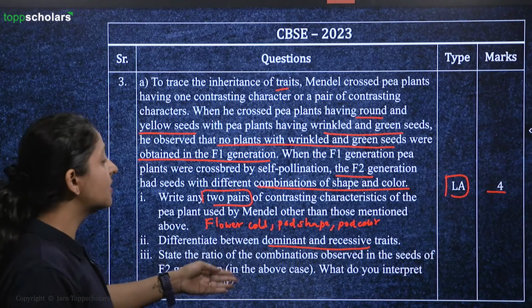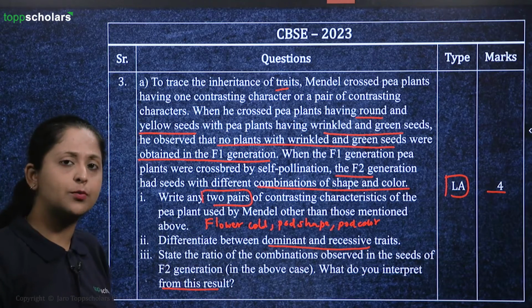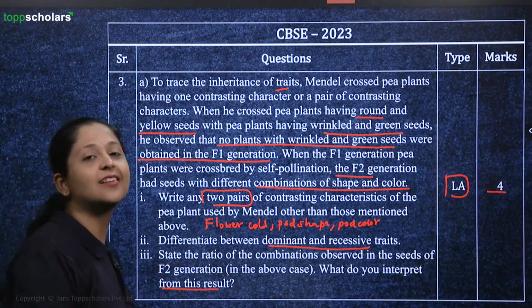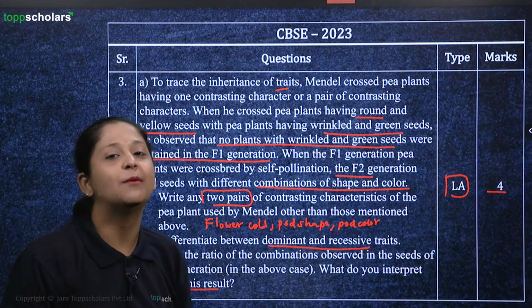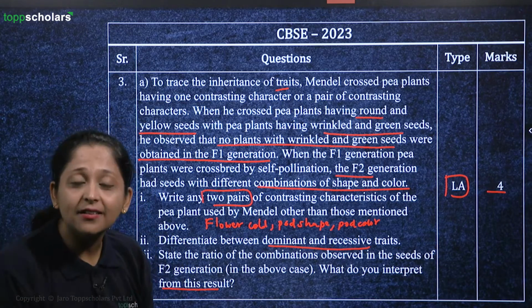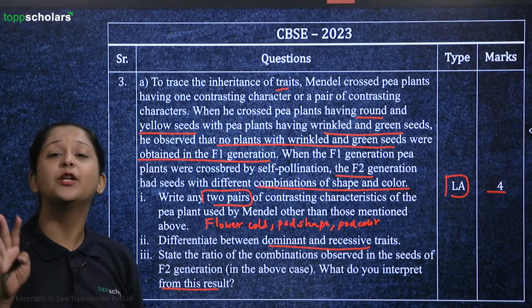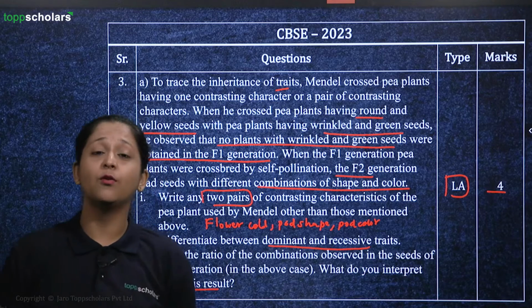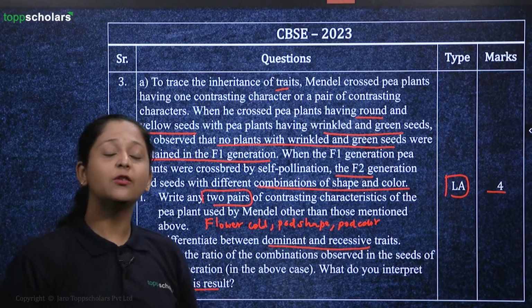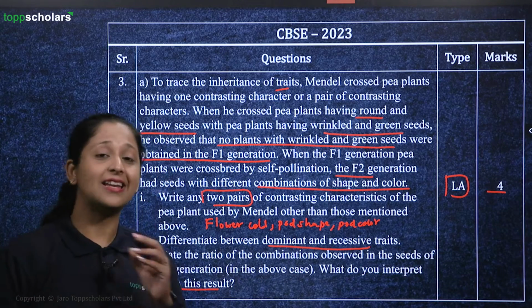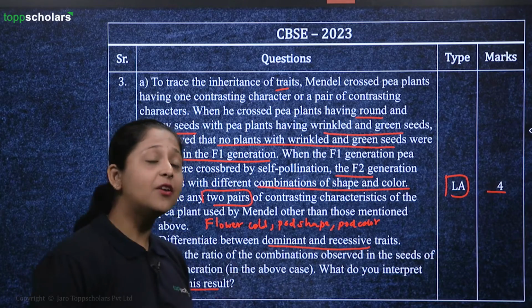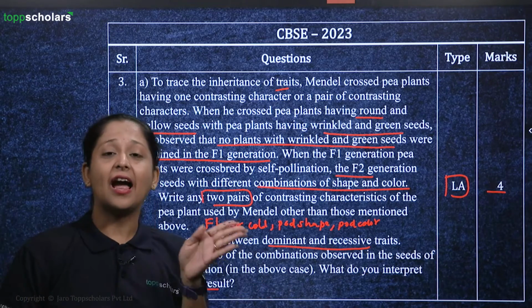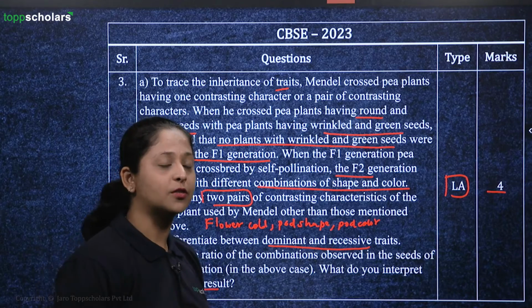In the last case, they have asked you regarding the paragraph which is provided, which you can easily answer if you are able to do the Punnett square. That is Mendel's monohybrid and dihybrid crosses. That's it. So up till now you have understood you need to know about variation, about acquired and inherited characteristics, and about Mendel's monohybrid and dihybrid cross.